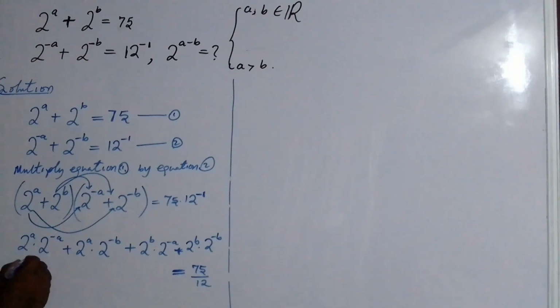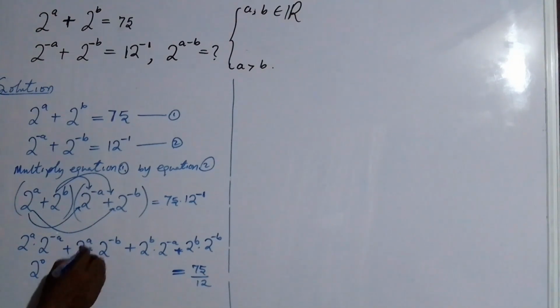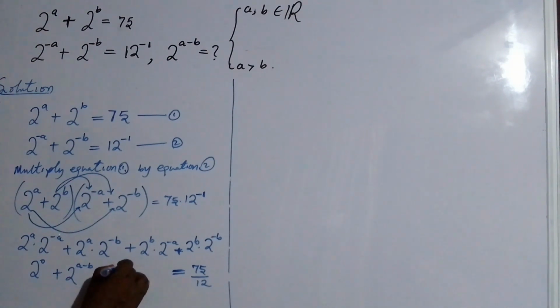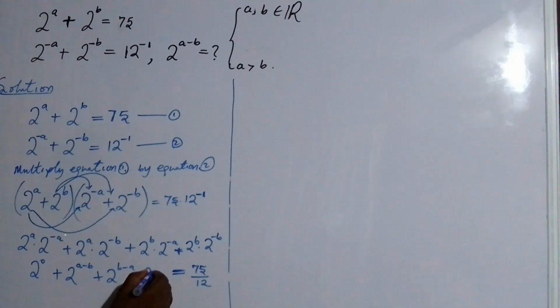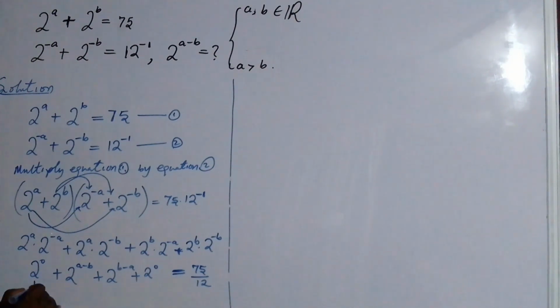So this will give 2^0 plus 2^(a-b) plus 2^(b-a) plus 2^0. Alright. And then here will be 1 plus 2^(a-b) plus 2^(-a+b) plus 1 equal to, I'm going to reduce this to 25 over 4.